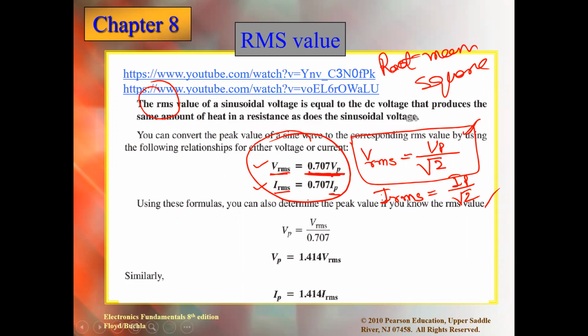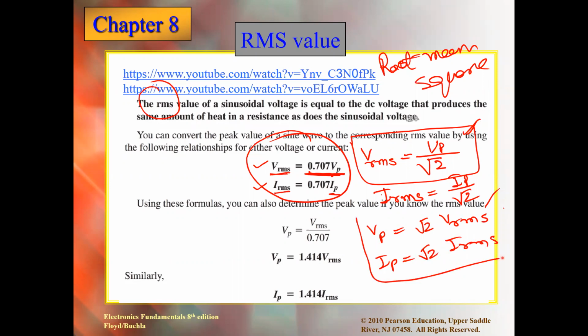If one thing is given, we can find the other, and vice versa. For example, if you want to calculate VP, you can cross multiply, so VP is equal to under root 2 times VRMS. Similarly, for the current, IP is equal to under root 2 times IRMS.